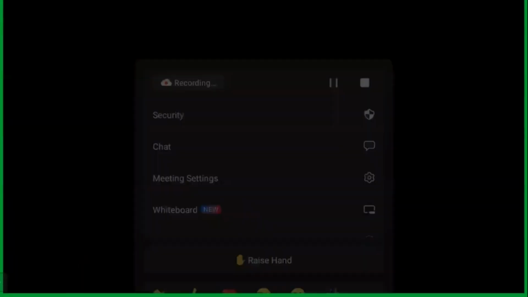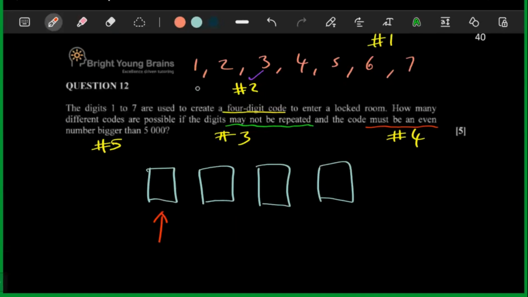So in a situation like that, where you cannot put 1, 2, 3, or 4, you can only put a 5, 6, or a 7. So what you do for yourself is when you work out questions like this, you almost need to put yourself in the situation where you say to yourself, okay, fine, I need to make a decision as to how many options can go in here.